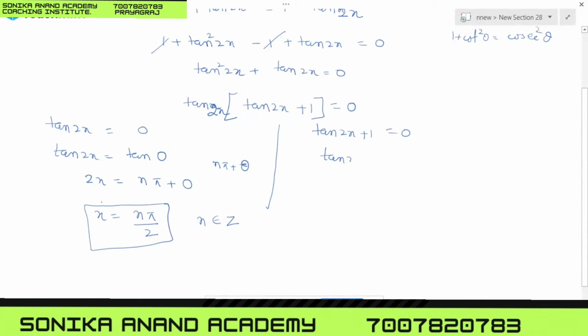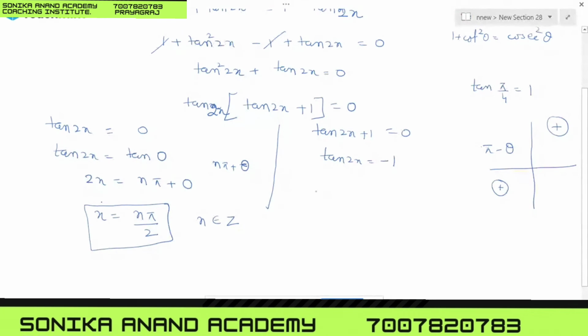Now here we have tan 2x is equal to minus 1. Now we know tan pi by 4 is equal to 1, that is 45 degree. So now all are positive here. Here we have negative, that is pi minus theta.